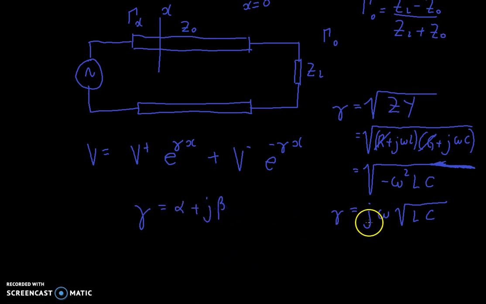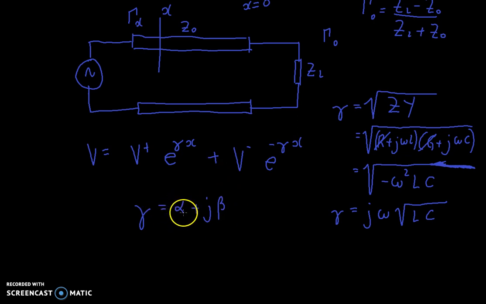This is the same number as this. If gamma here is purely imaginary, then this exponential is also imaginary, in the sense that if you raise e to the j beta, you get cosine of beta plus j sine beta. You can use the Euler formula.